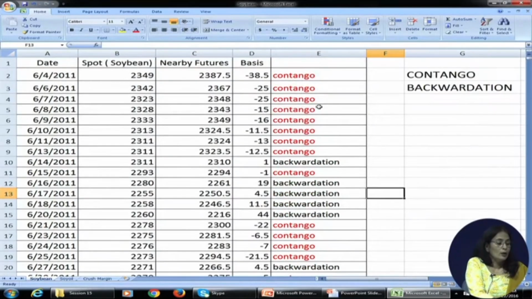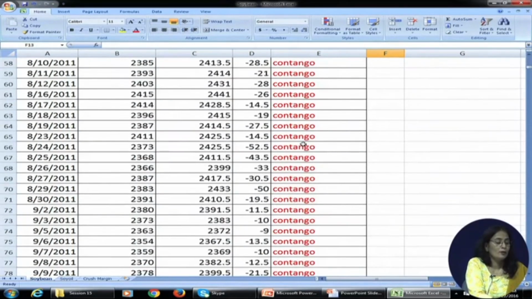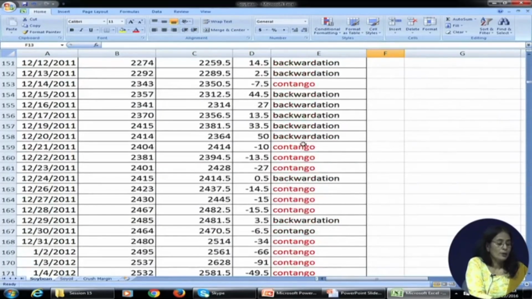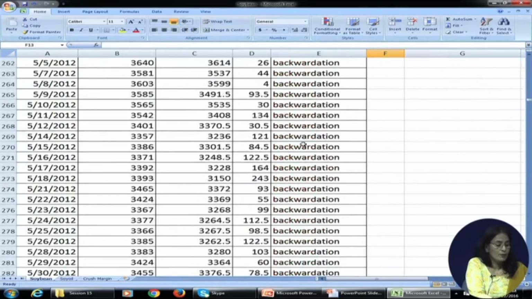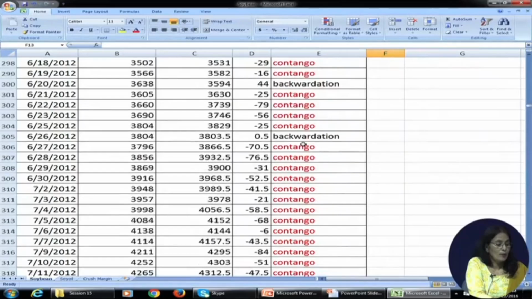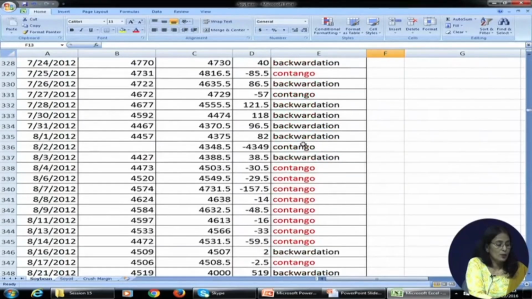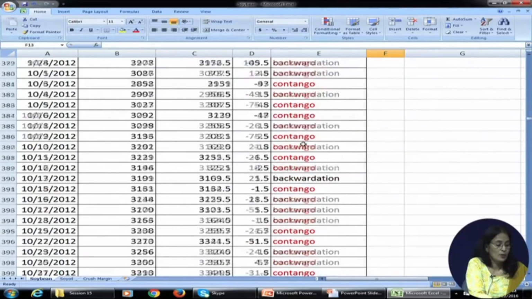Now, let us go to understanding the contango and backwardation. If basis is negative, it is a contango market, and if basis is positive, it is a backwardation market. This simple Excel calculation shows there are periods of contango followed by periods of backwardation. If you see, this period is complete backwardation, then there is some period of contango and then backwardation, so on and so forth.